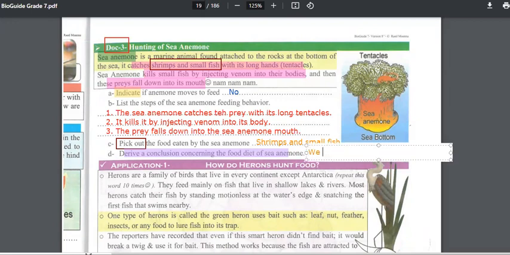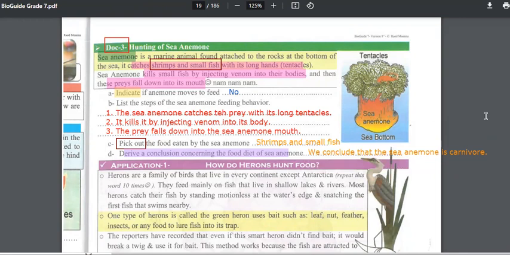Part D, we conclude that the sea anemone is what? Carnivore. Carnivore as it consumes food of animal origin, but right here, as I told you, we do not justify. Okay? So now we solved question number 3.